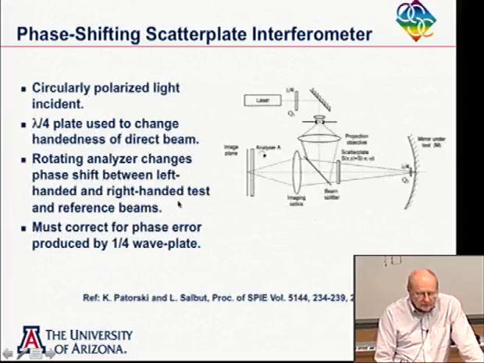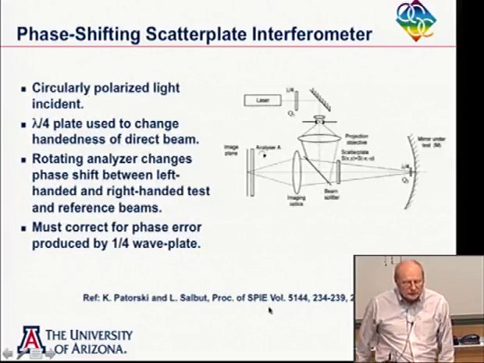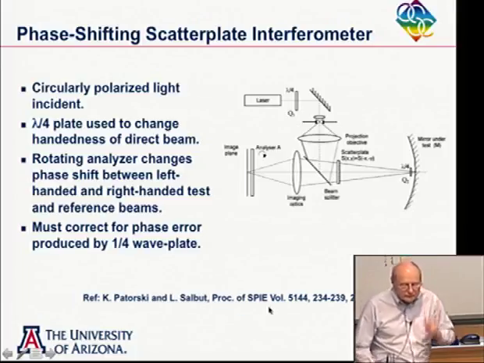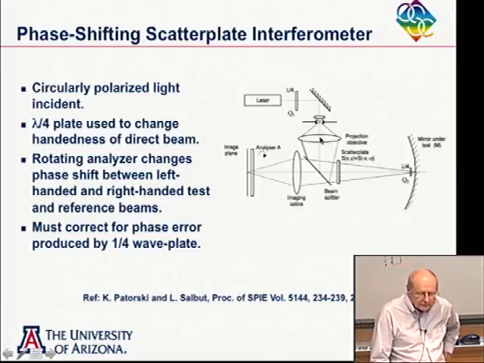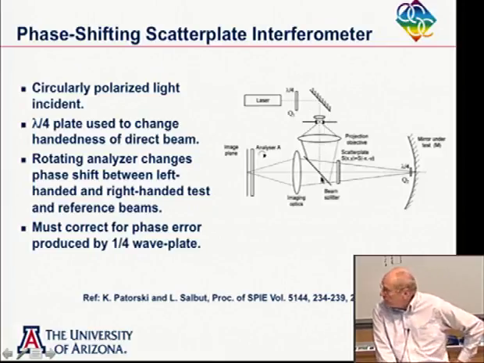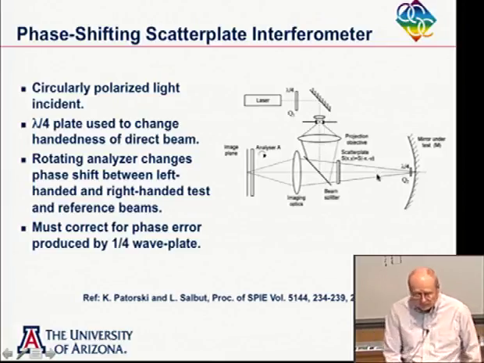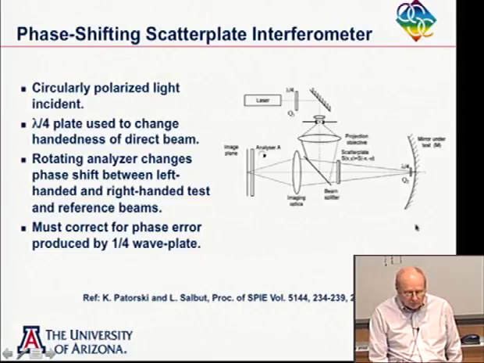A second technique here is going to be pretty similar, actually. Laser beam polarized, quarter wave plate. So we have circular polarization. Light goes here. And we don't do anything to the scattered light. It comes back directly through.